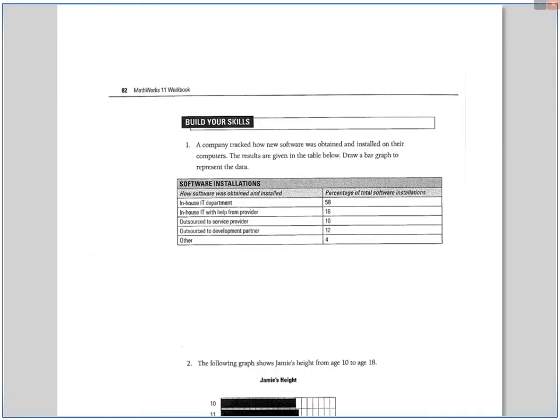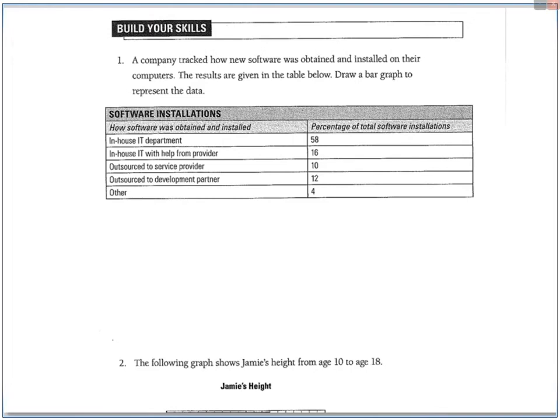So let's build one. A company tracked some software, and so on. Okay. So let's put our title. Software. All right. We have, instead of rows, we have columns.